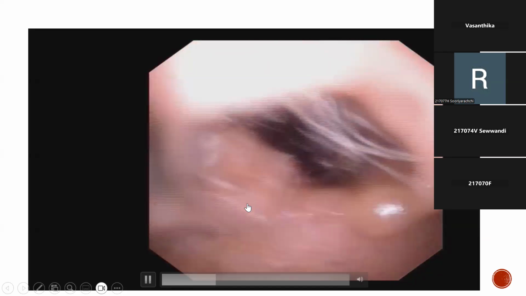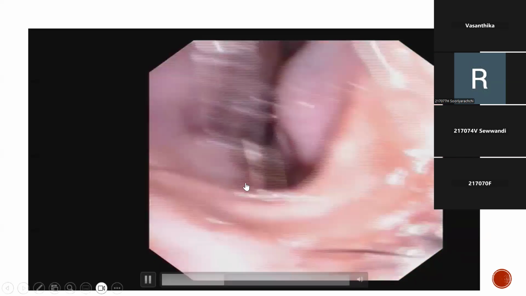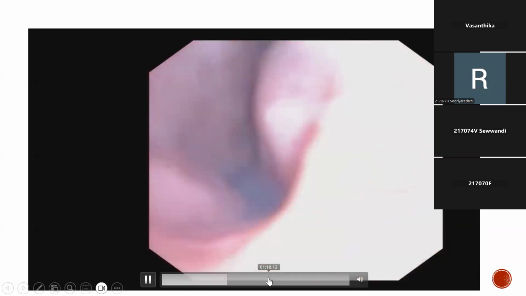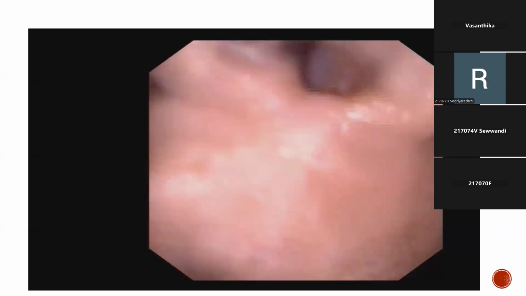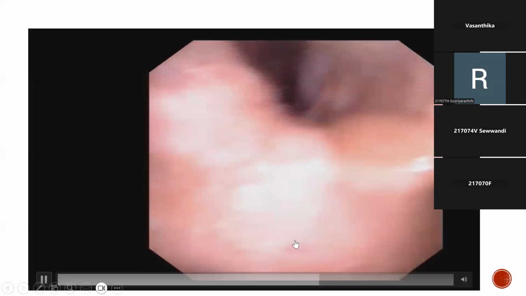So you can see it's going in again through the nose, and so that is the procedure. There you can see the vocal cords and examination nicely.